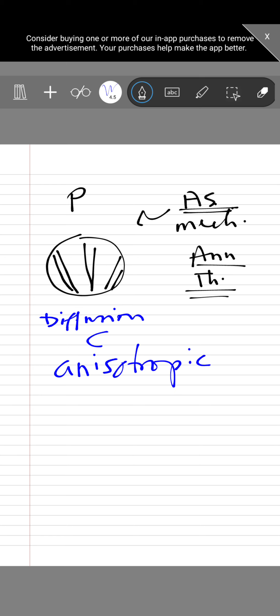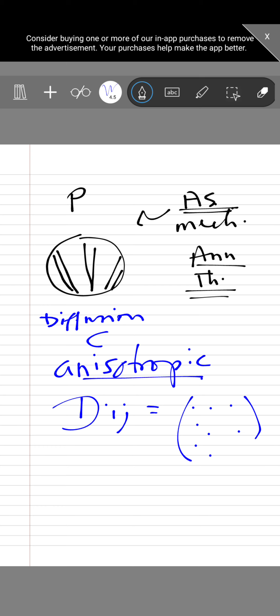In fact, there is a diffusion tensor, where you have 9 different components for the x, y, and z directions. Due to this anisotropic nature of diffusion, you get carbon concentrations differently diffusing and differently present in the macrostructure, and this actually gives rise to the different phases.